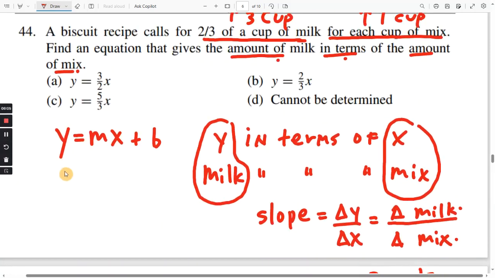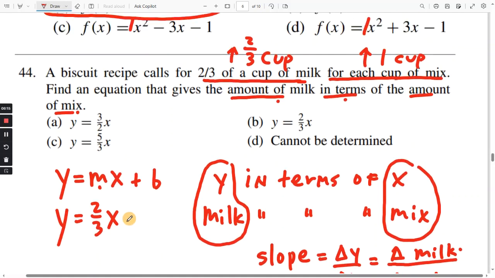So if you were to write this equation, it's going to be y equals 2/3 x. And as far as the b, the y-intercept, if you had your graph, when you start with 0 cups of milk, it's also going to be 0 cups of mix. So you're basically just going to start at the origin.